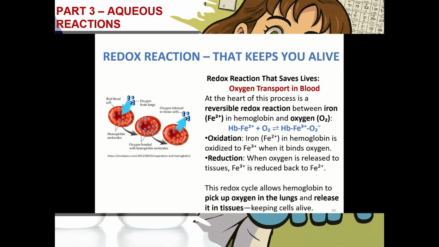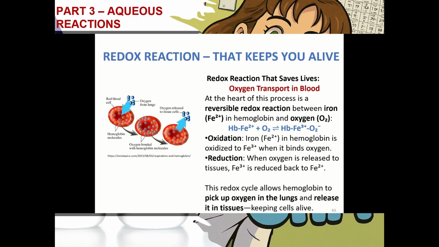Okay. One other example of a redox reaction, I think this is the third example that keeps you alive, is the oxygen transport in your blood. The heart of this process is the reversible redox reaction between iron 2 in the hemoglobin and the oxygen.